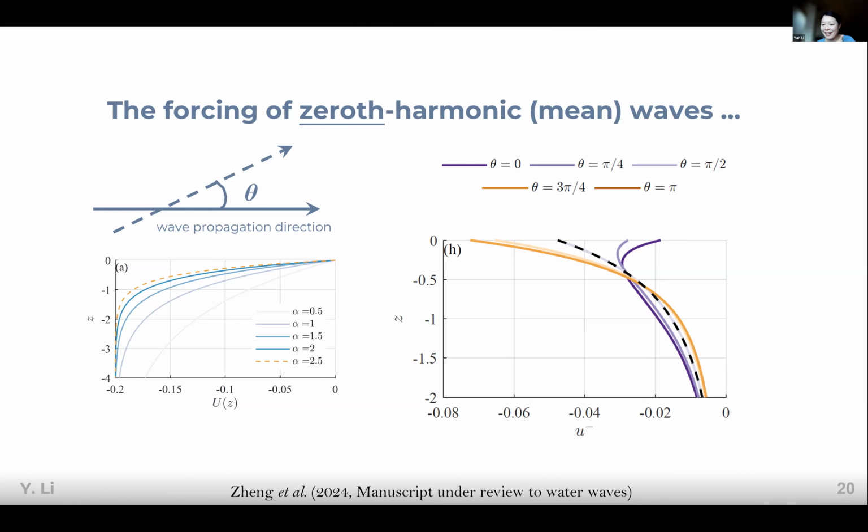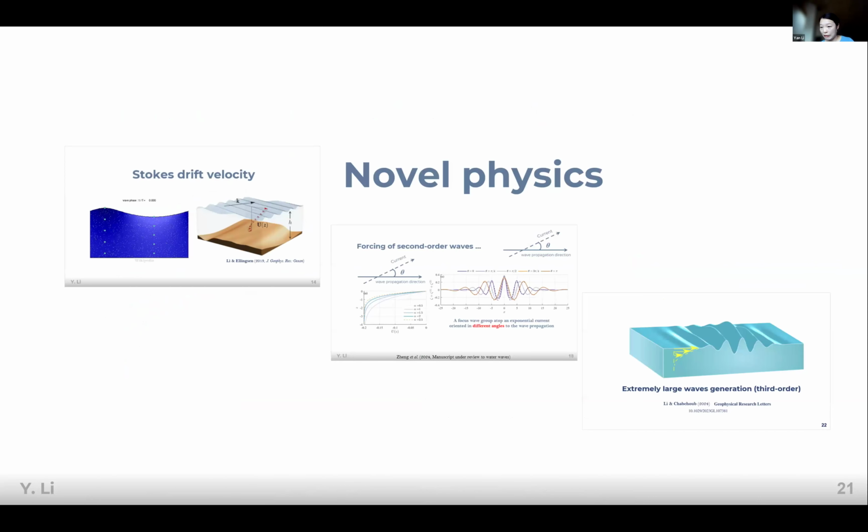You can again see this non-monotonic behavior of the magnitude. This velocity has far-reaching impacts in the following analysis that I'm going to introduce, which focuses on the third order effects.